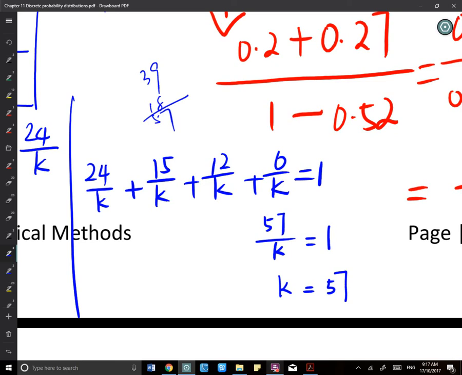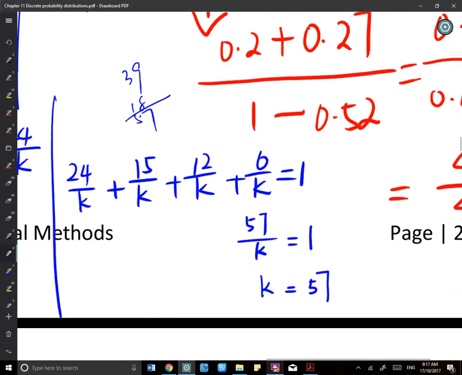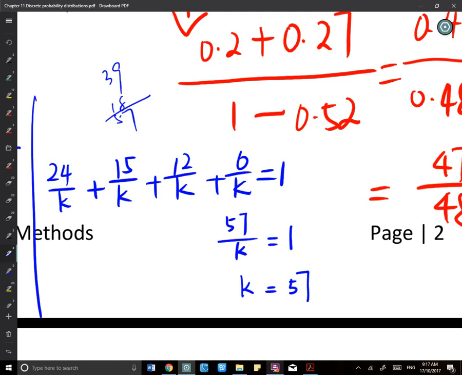Everything can turn back into a table. Even though that's a function, I can still list them in table notation, and then add up all the probabilities in the end. That should give us 1. And also because 6, 12, 15, 24, they're all positive values, and you divide by 57, that will still be positive.